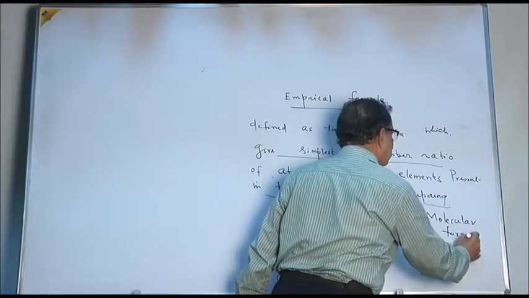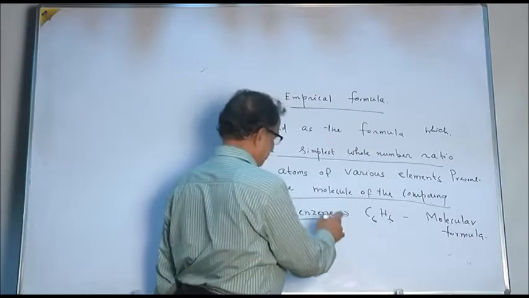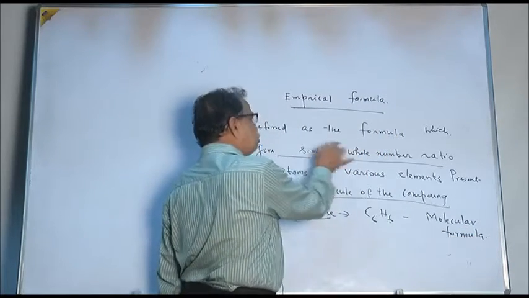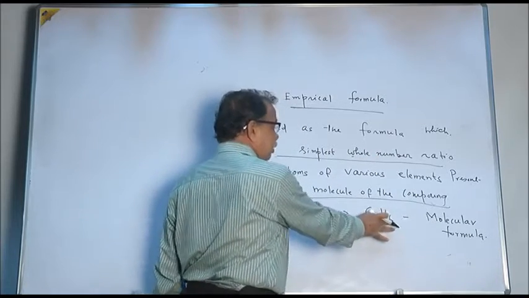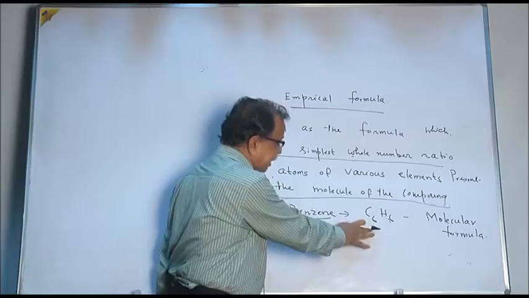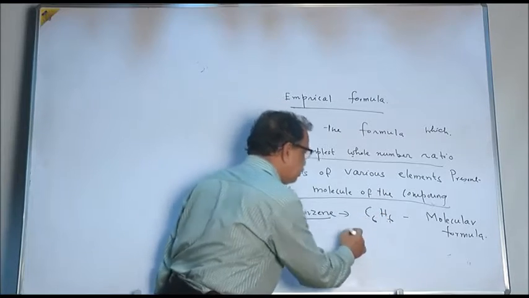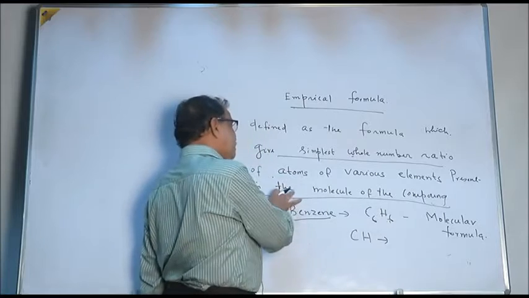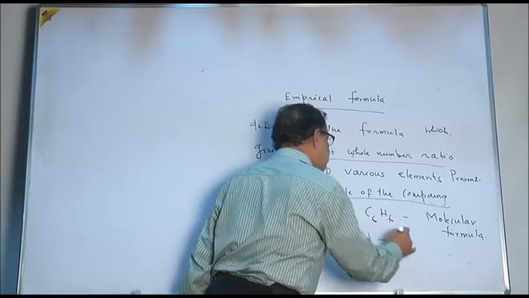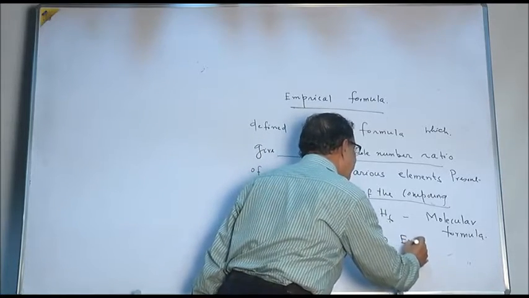This is the molecular formula, but you see the simplest whole number ratio. Here is 6, here is 6. Divide by 6 here and also here. So it will be 6 by 6, 6 by 6, and this will be CH. So the empirical formula of benzene is CH.